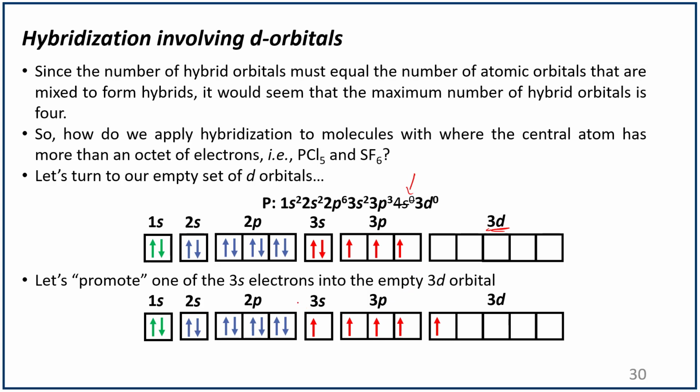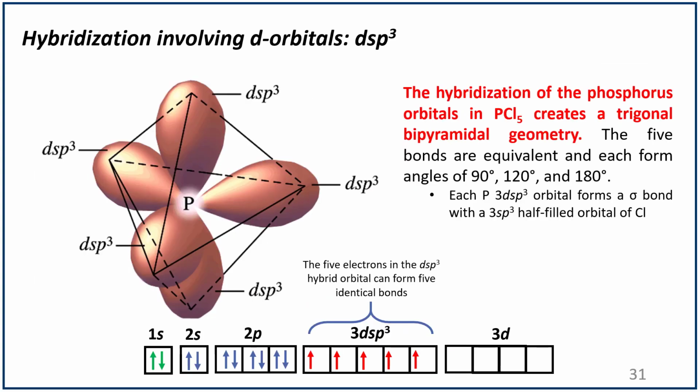So what we're going to do is hybridize these orbitals together. In doing so, now we have a dsp3 hybrid orbital, or in some textbooks they call it sp3d. I'm just sticking with dsp3 because that's what your book wants to stick with.